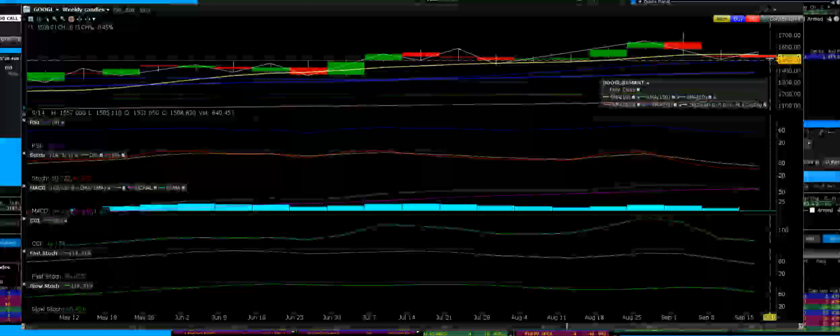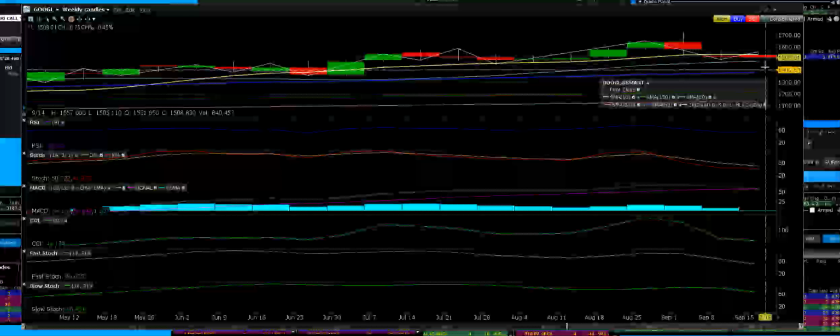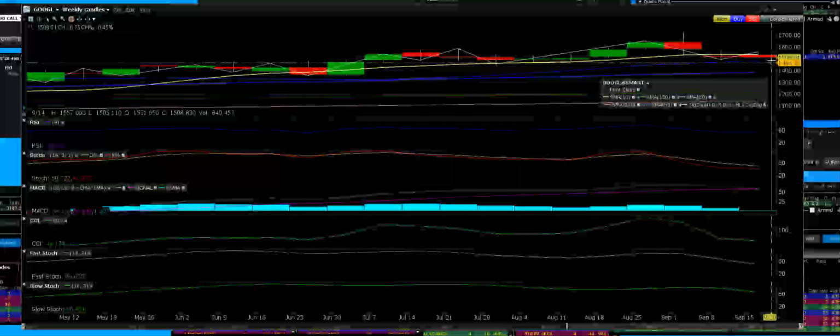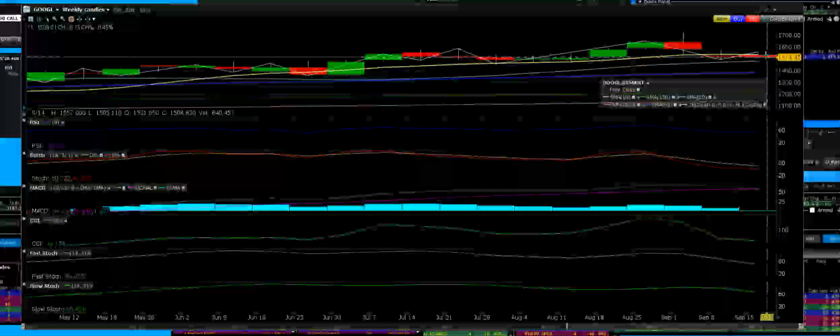Let's just be safe, we'll set alarms and we'll test it. And where we broke down, if we break lower with the weekly sell signal, then Google can trade a lot lower. But we're not there yet. And we do have a 20-week moving average at support level.